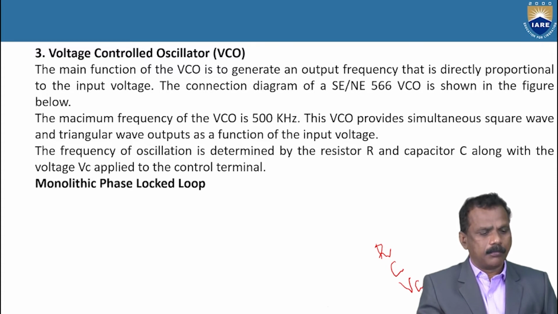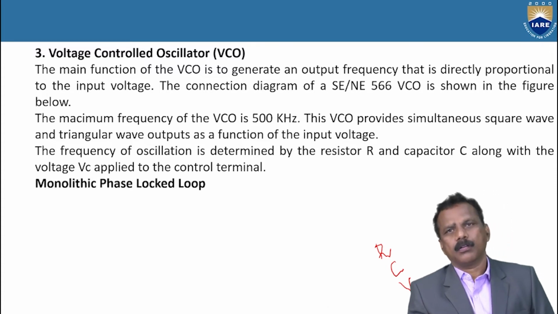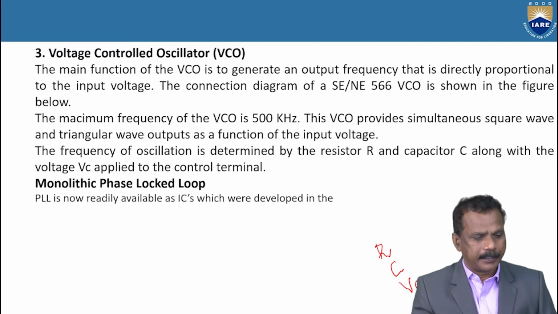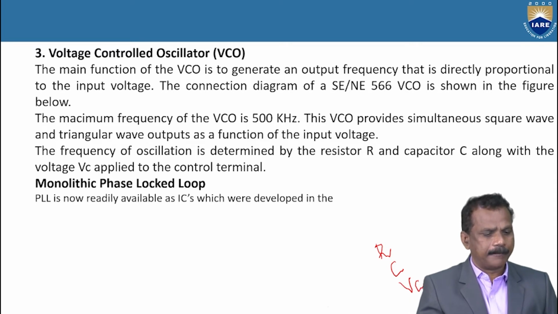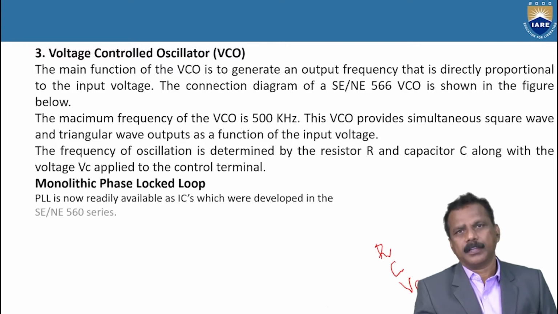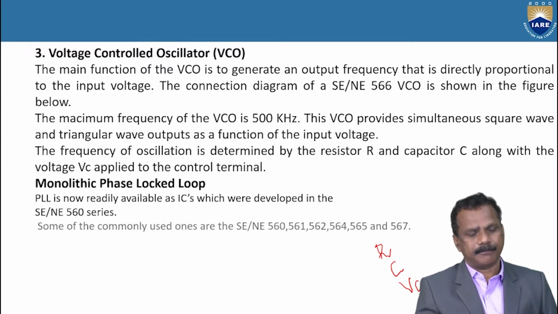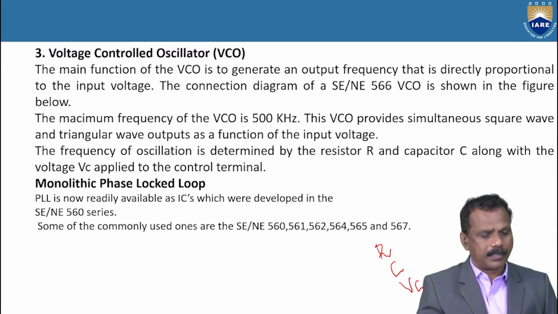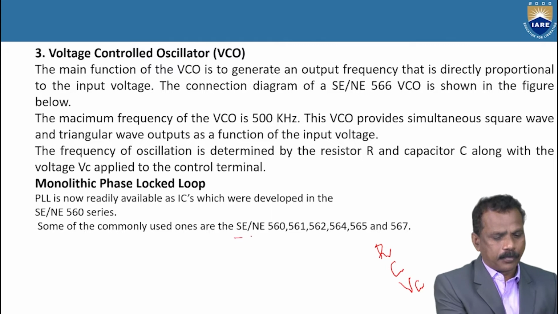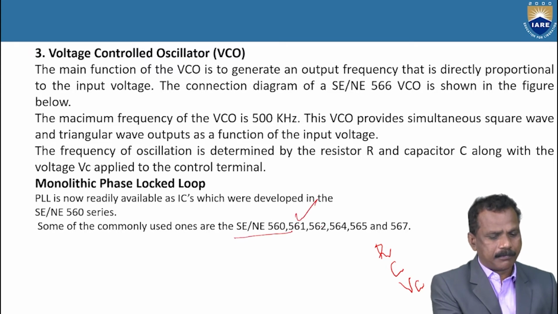Now the monolithic phase locked loop. PLLs are now readily available as ICs, developed in the SE/NE560 series. Some of the commonly used ones are the SE/NE 560, 561, 562, 564, 565 and 567.